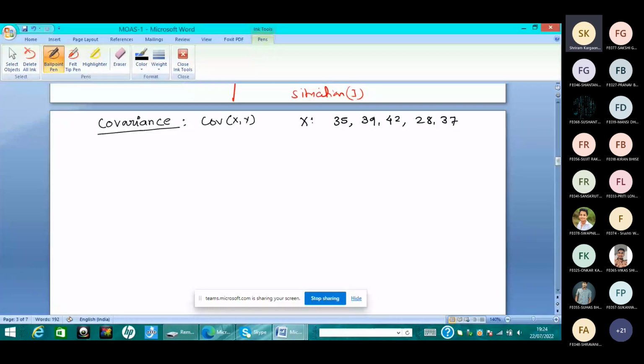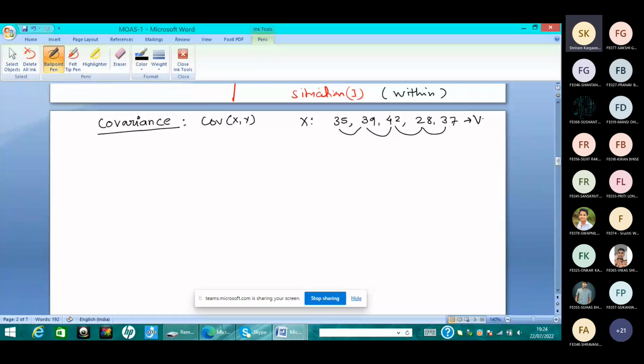When I'm studying the variation within the same data, what word will I use? Among the same data I am studying the variance, that is, how is the variation in the marks among 5 friends. First one is getting 35, another 39, 42, 28. When I'm studying the variation within the data, I call it variance.